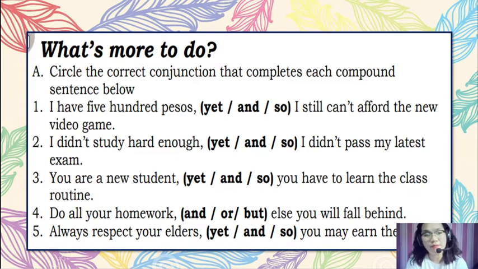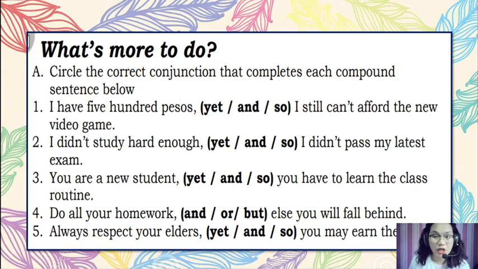Let's say, for example, here in the first sentence: I have 500 pesos, blank, I still can't afford the new video game. By looking at the sentence, we can see that there are two independent clauses, or mayroong dalawang independent clause. The first independent clause is I have 500 pesos.